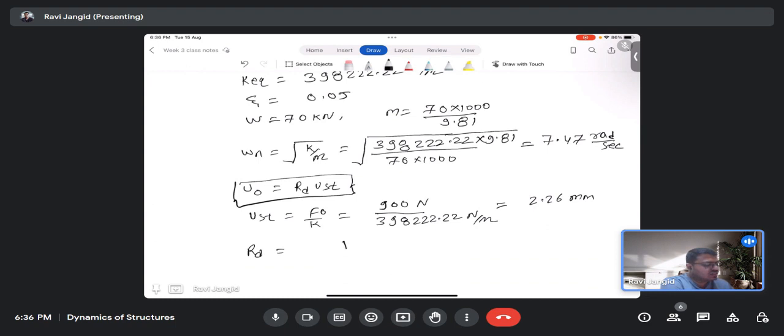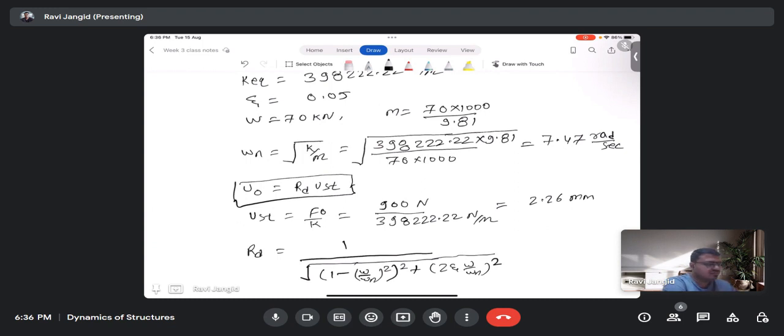What is my RD for the damped system? It is 1 by root of (1 minus (omega by omega n) square) whole square plus (2 xi omega by omega n) whole square. Is it okay?